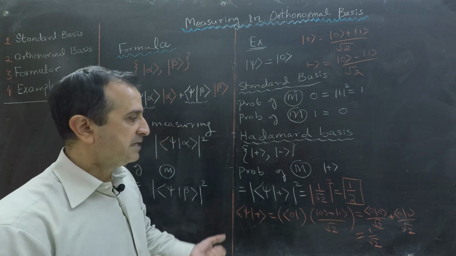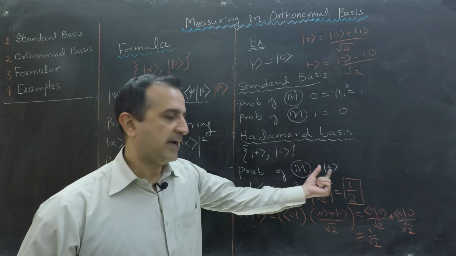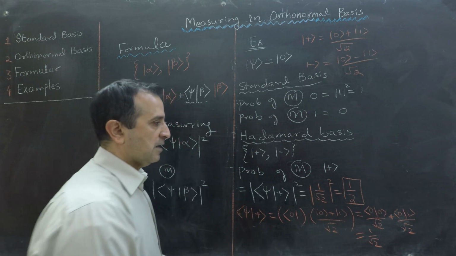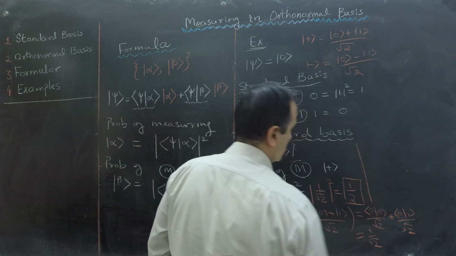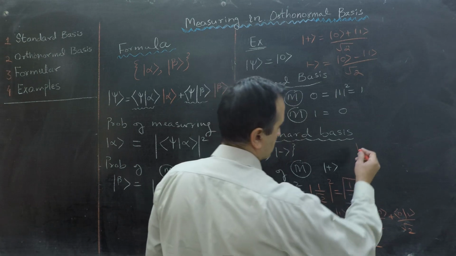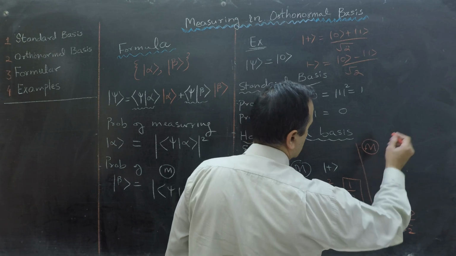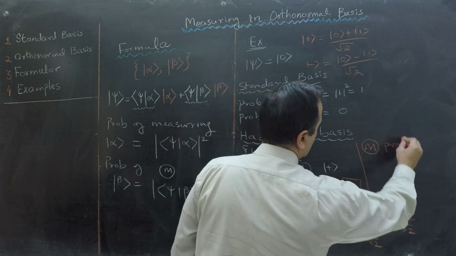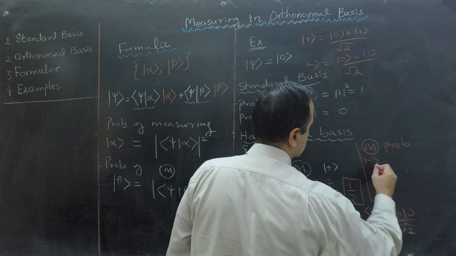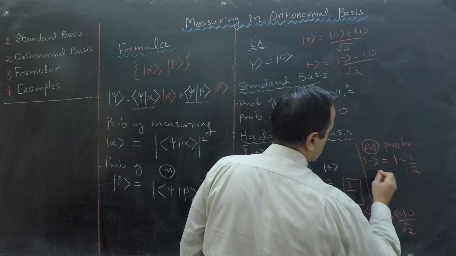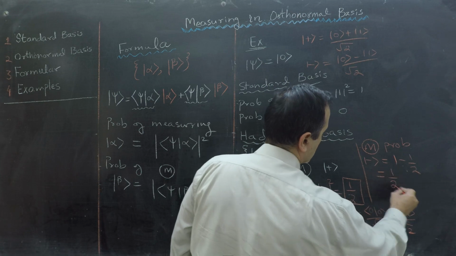And we can easily find the probability of measuring ket minus, which will be 1 minus 1 over 2, and that will also be equal to 1 over 2.